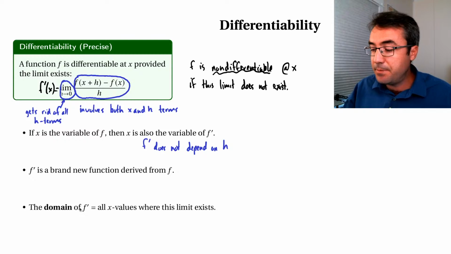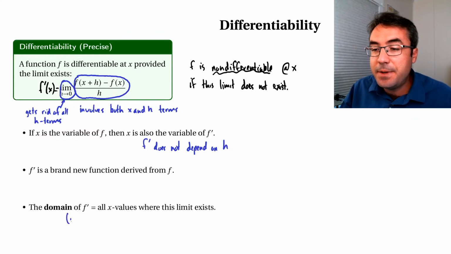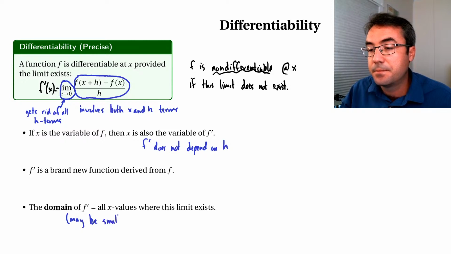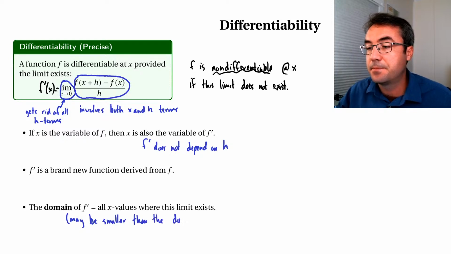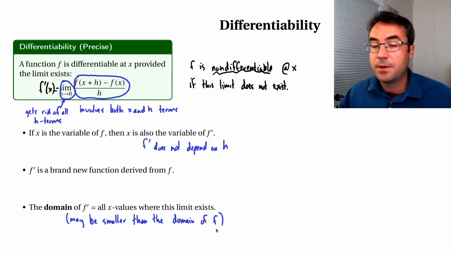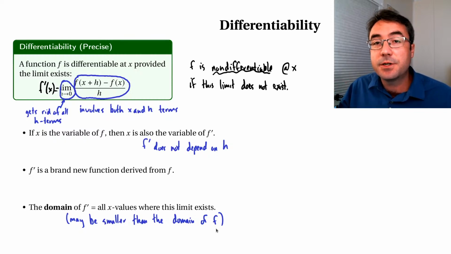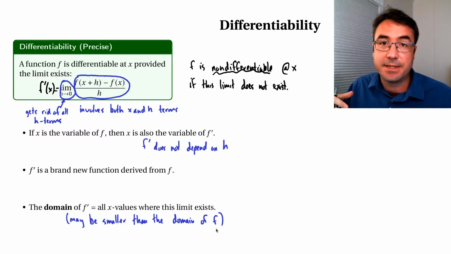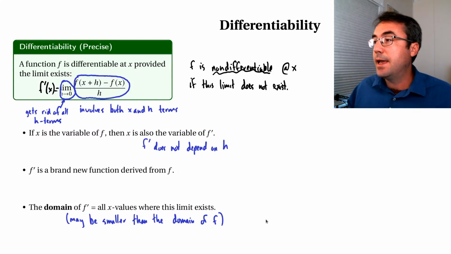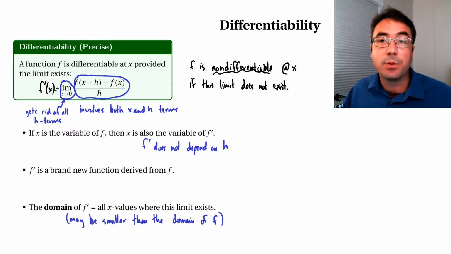And something just to keep in mind is that this may be smaller than the domain of the original function f. As we're going to see, there might be x values in our function where our function is non-differentiable. So the limit does not exist. And we're going to see that in our first example.